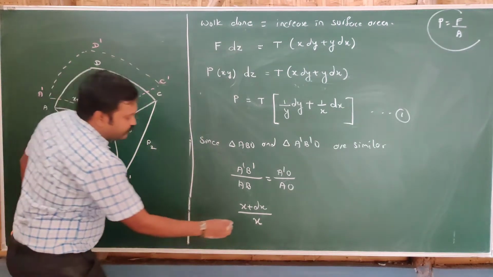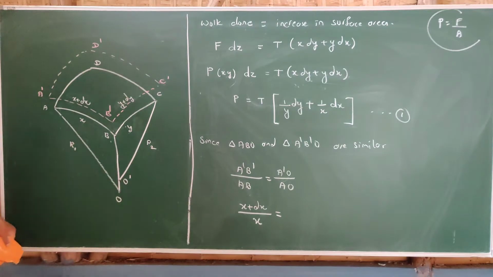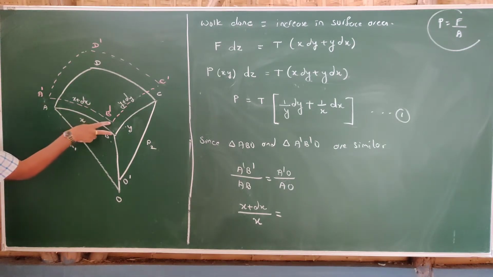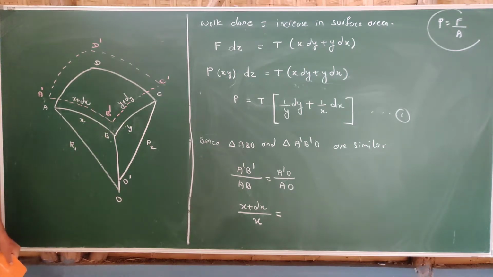Now, that is equal to, what is A dash O? Where is A dash O? A dash O is this much. We know AB is R1. And this distance is nothing but this distance, which we have considered as dz.